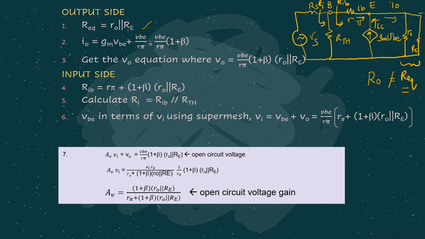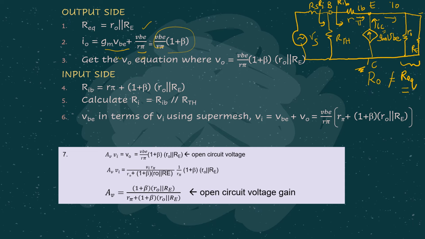So if you see from this, at this particular point we can make a KCL equation where GMVBE refers to the current flowing from the collector here, plus the current flowing through the R pi, which is given by VBE over R pi, because this is IC and this is IB, which later we can factorize in terms of VBE over R pi, leaving our equation in this form.